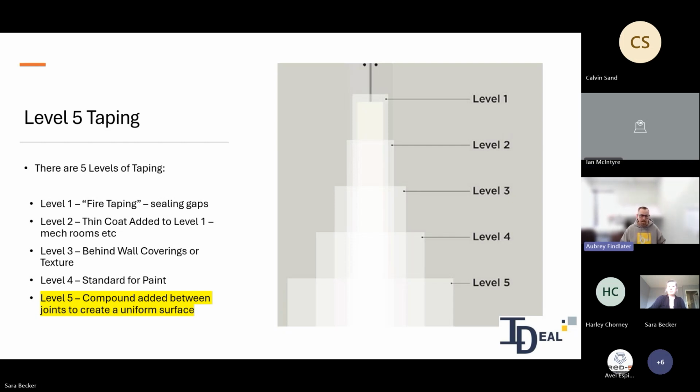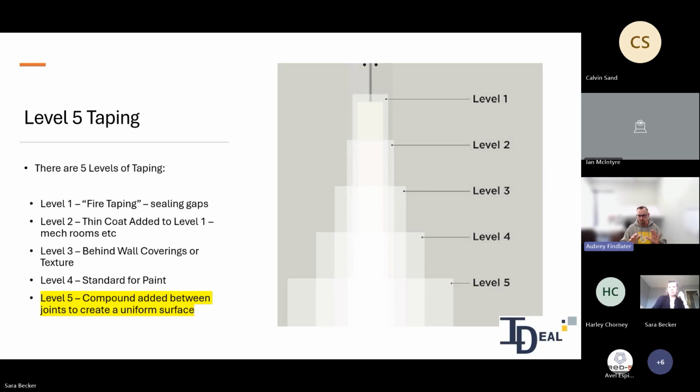Level 5, that's when you do a full skim coat over the wall after you get it to level 4. The drywall face is a little bit rough compared to the finish on the mud. So the intent is to get the same kind of finish across the whole wall, so you don't see the transition between the rough drywall and the smooth mud.